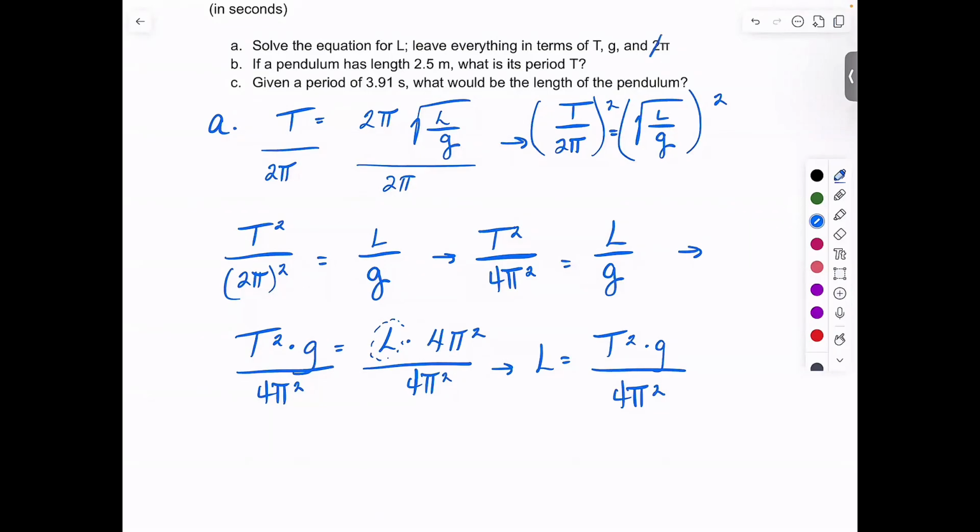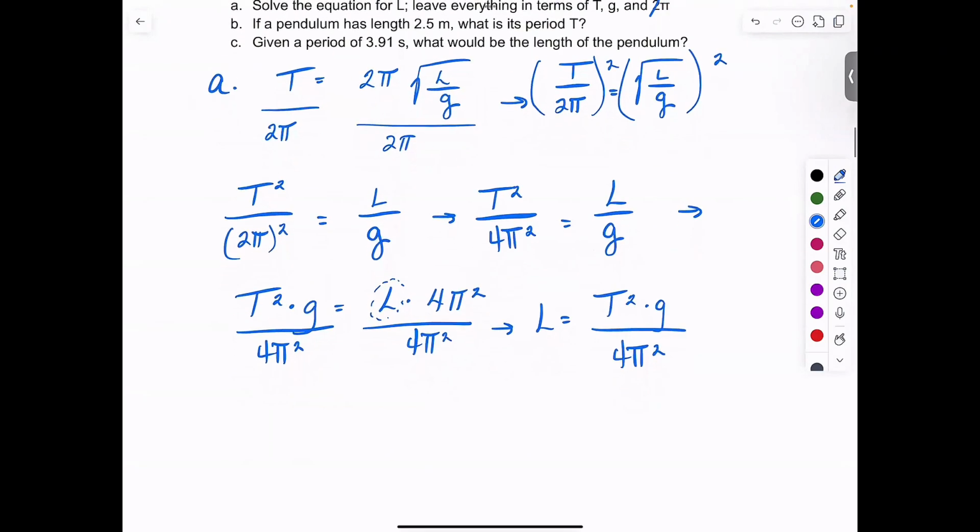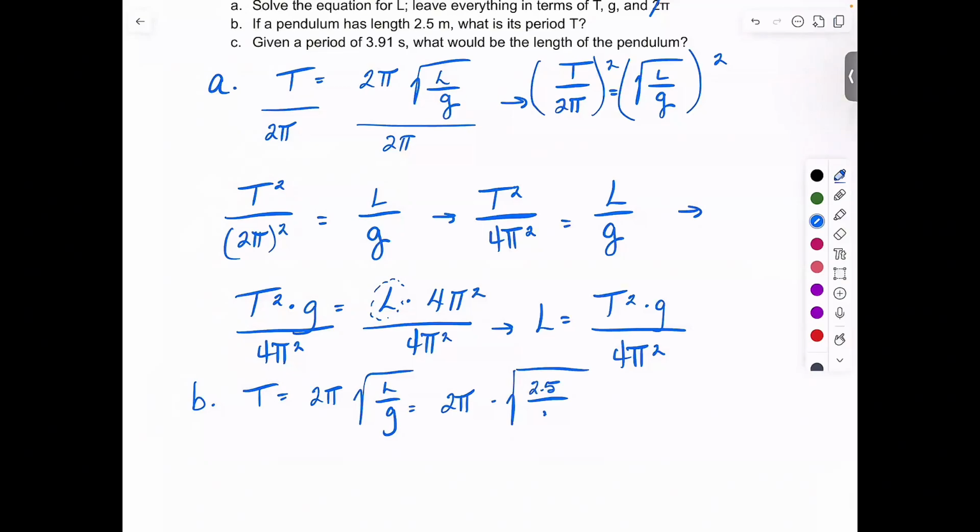And if we have a pendulum that has a length of 2.5 meters, what is its period? So this is using the original equation, right? T equals 2 pi times the square root of 2.5 over 9.8. Make sure you have the meters, which we do. I didn't say how to round, but maybe round to the nearest thousandths, 3 decimal places.